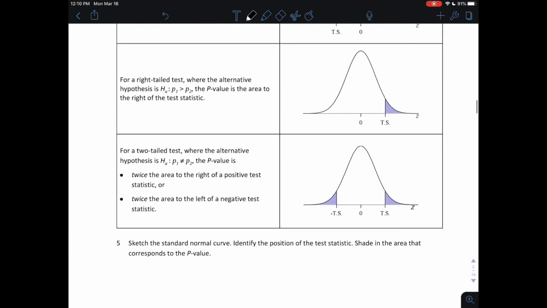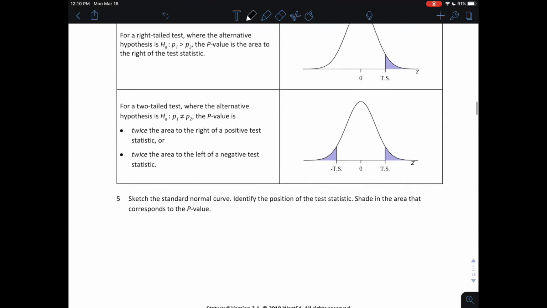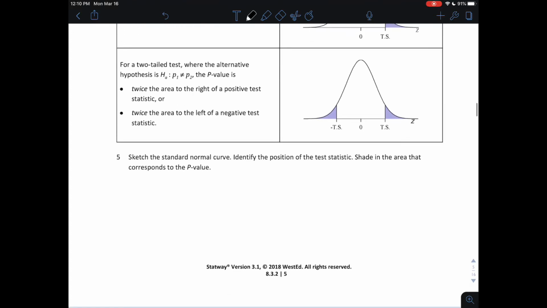For a right tail test, where the alternative hypothesis says p1 is greater than p2, the p-value is the area to the right of the test statistic, so it's in the right tail. And then in our case, for a two-tailed test where the alternative hypothesis has that not equal to symbol, our p-value is twice the area to the right of a positive test statistic or twice the area to the left of a negative test statistic.